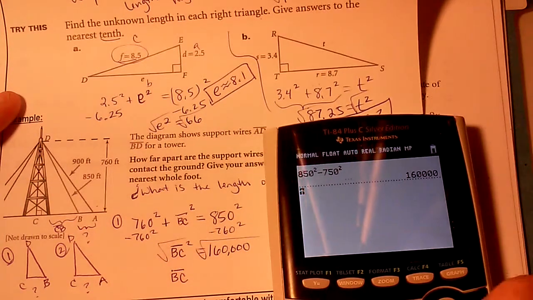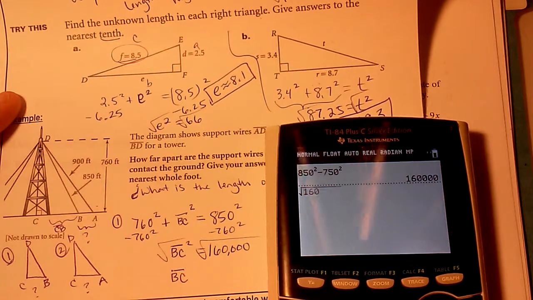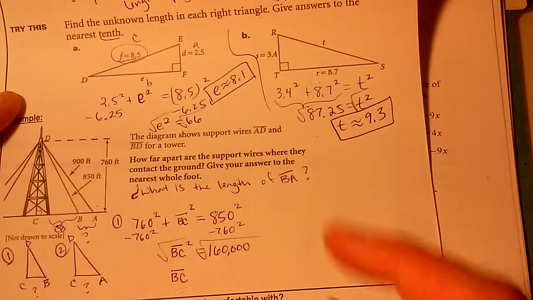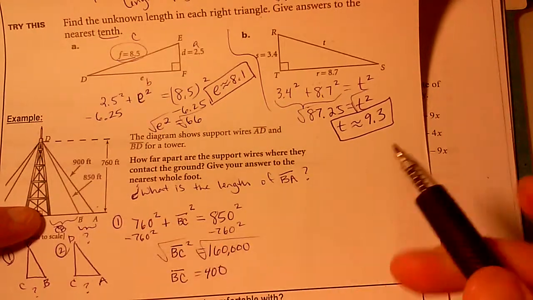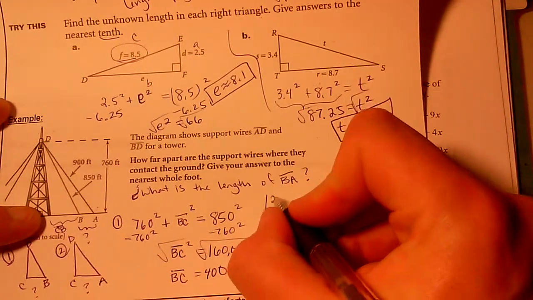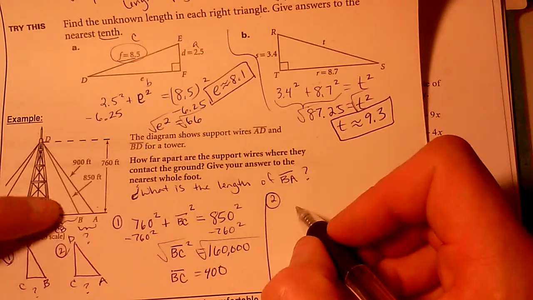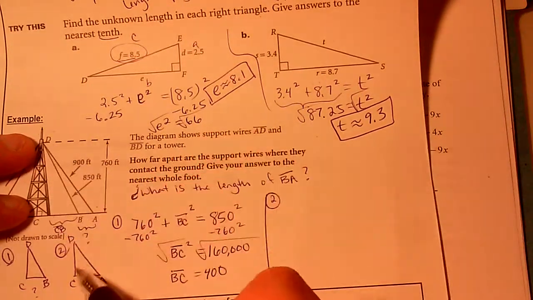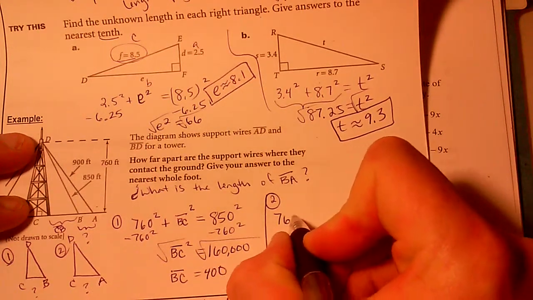I'll confirm it. The square root of 160,000 is 400. All right, so that's the short length here. Let's see what the long one is. The A is the same, right? It has the same height here, so that's still my A value, so it's 760 squared.